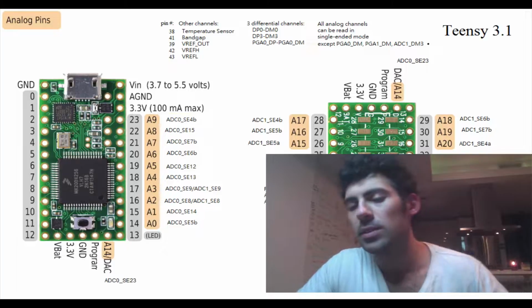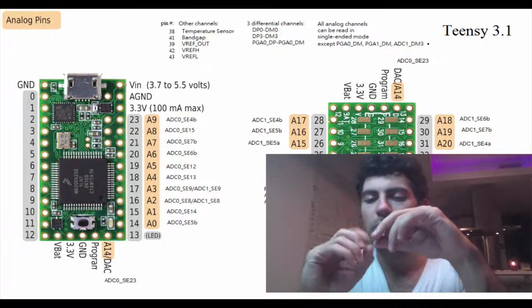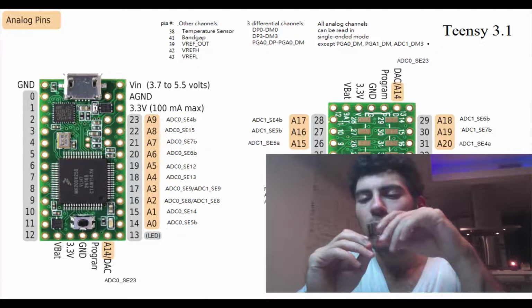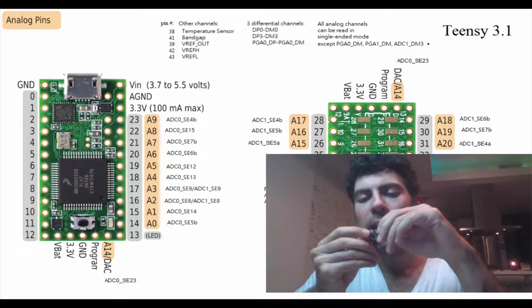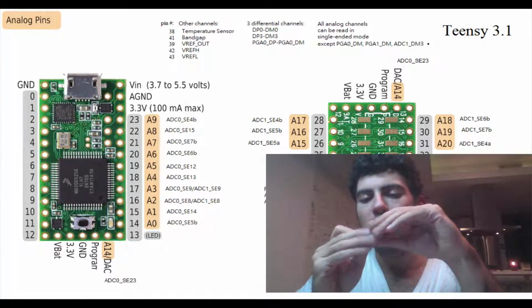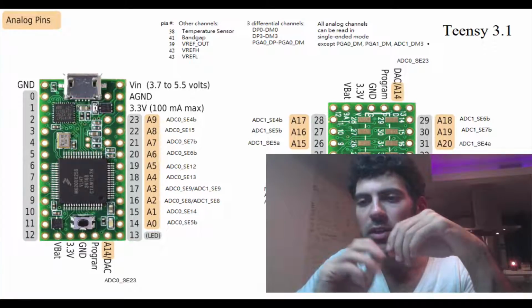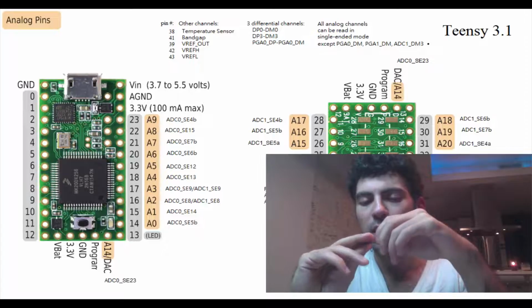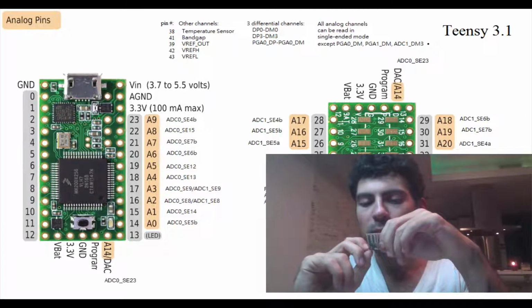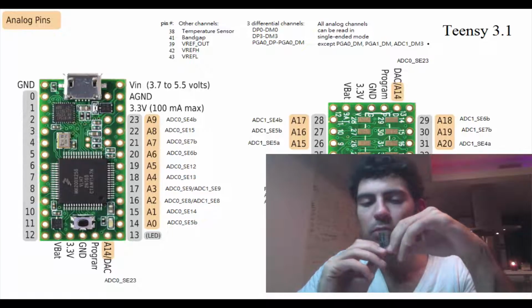One thing to note is, if you end up making a pendant out of this or connecting some sort of metallic chain, you'll want to make sure you watch out for the pins that you connect to. If you look at the back, the top pin on one side is the ground and another pin is the voltage in. You want to make sure you don't short those together. If you use a metallic chain like I'm using, it will actually be conductive, so you'll be tying the voltage in pin all the way to the ground pin.